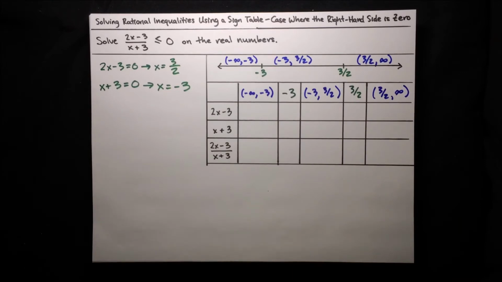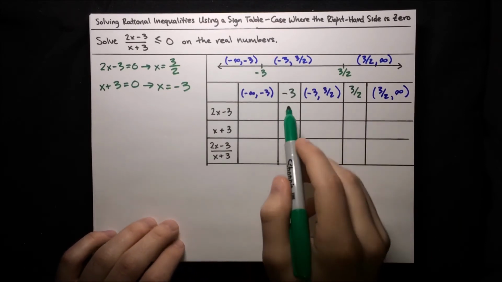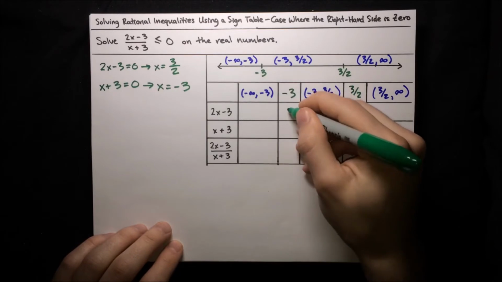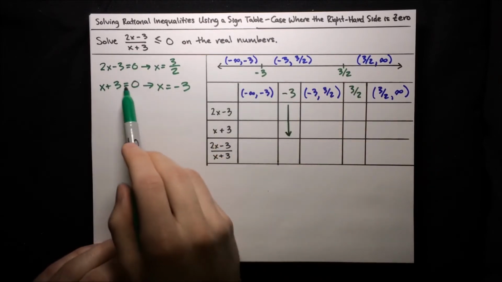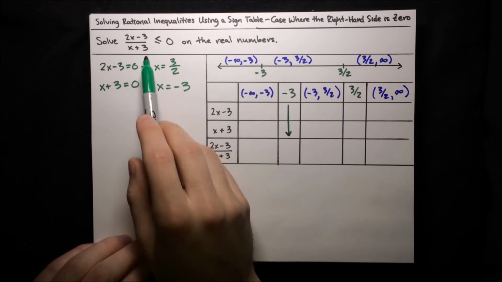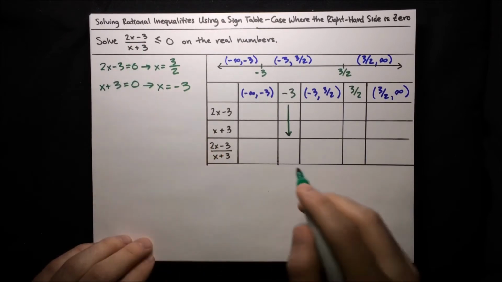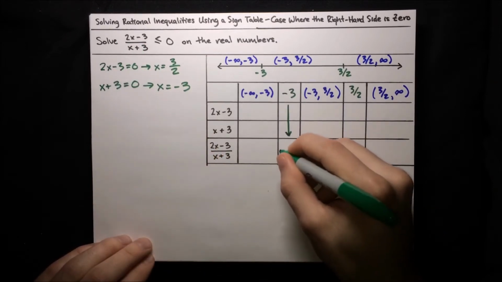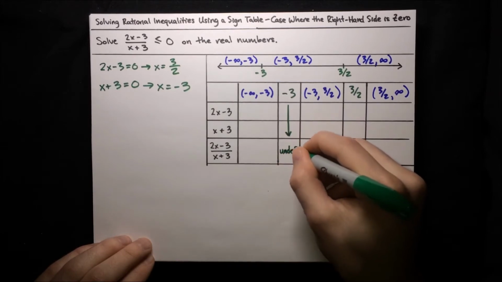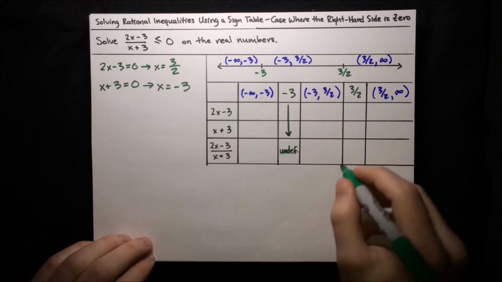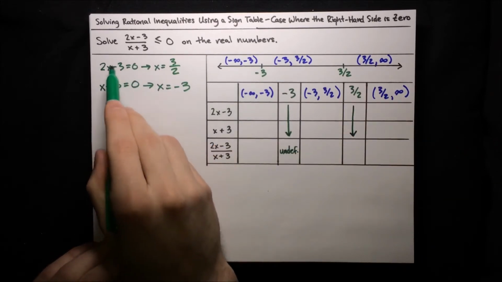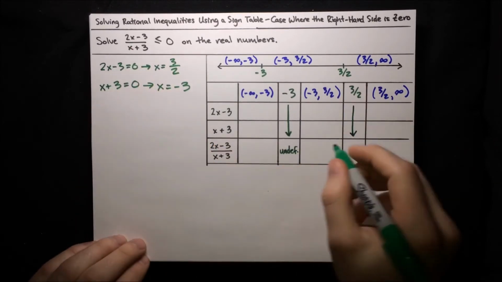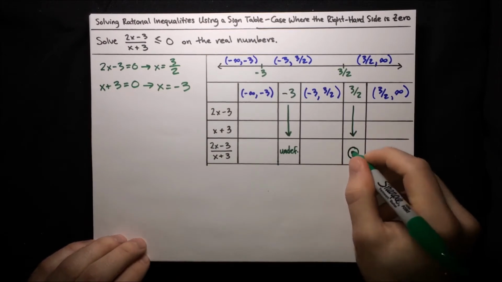Let's take care of our breakpoints first. -3: what did that cause in the function? That was when the denominator was 0, so the expression is going to be undefined. Let's just abbreviate that with undefined. And then how about 3/2? That was actually a 0 of the expression, because that's when the numerator is 0, so the expression is 0.